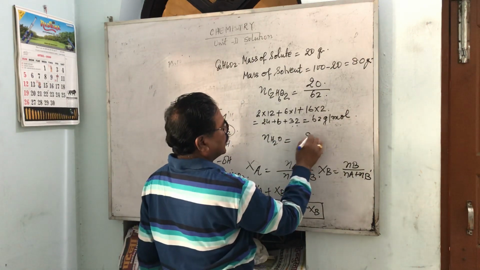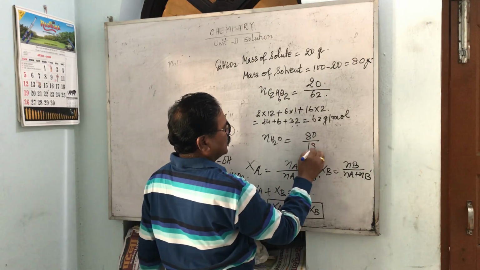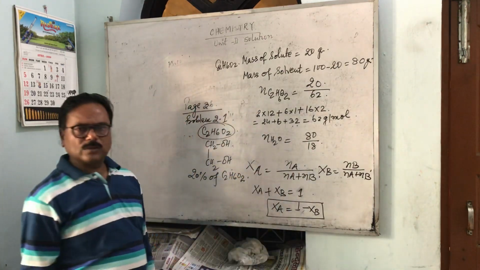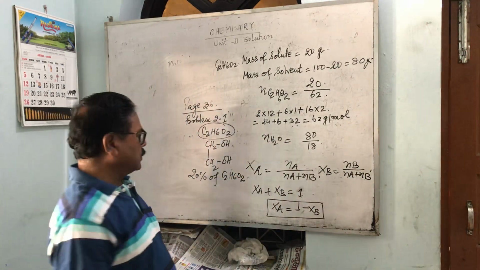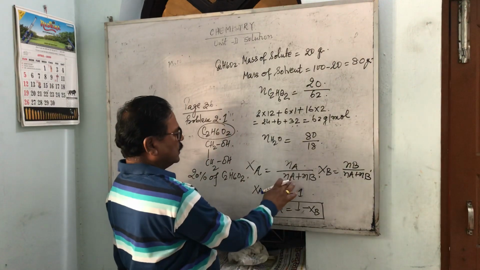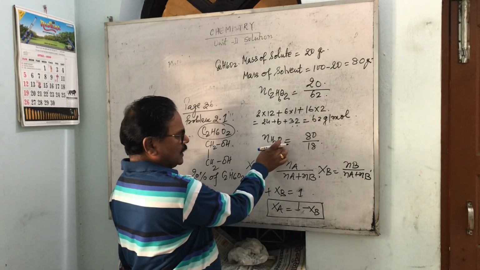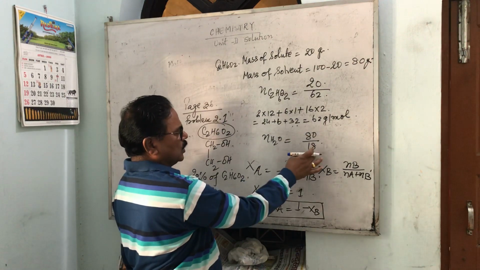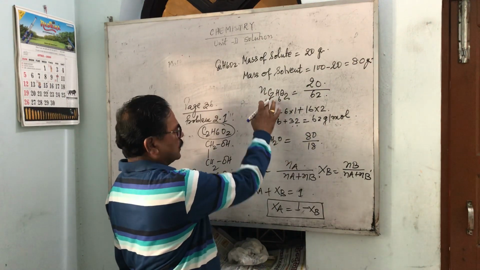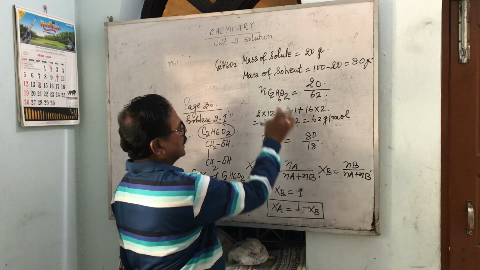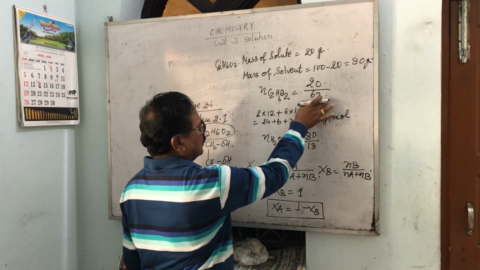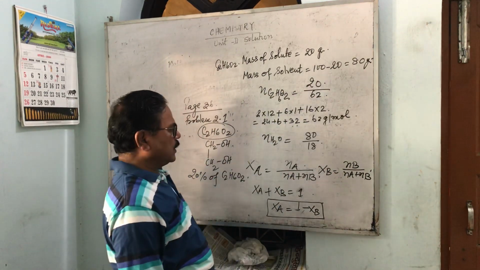This is the weight 80 and this is 18. We calculate the number of moles of water also according to the formula Na plus Nb: if water is taken as A, that is weight by molecular weight, and if ethylene glycol is taken as Nb, then weight by molecular weight, this will come to Na plus Nb.